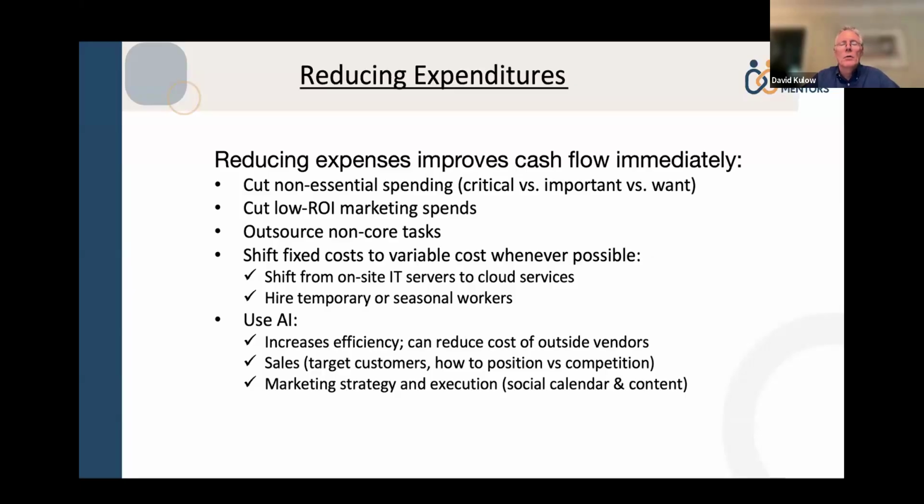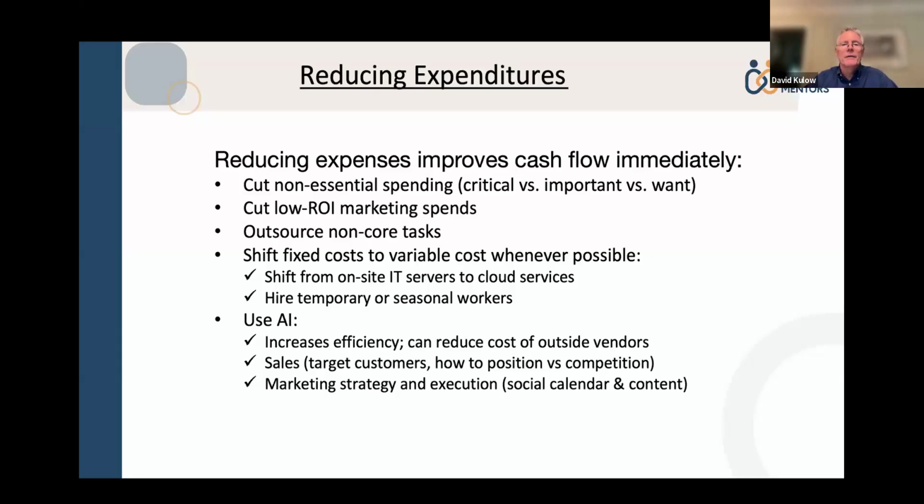Cut low ROI, or return on investment, spending, like marketing spending. Outsource non-core tasks if you can, so you don't have fixed cost employees that you're paying each week, but you only pay the outsourced company on an as needed basis. Shift your fixed cost to variable cost whenever possible.